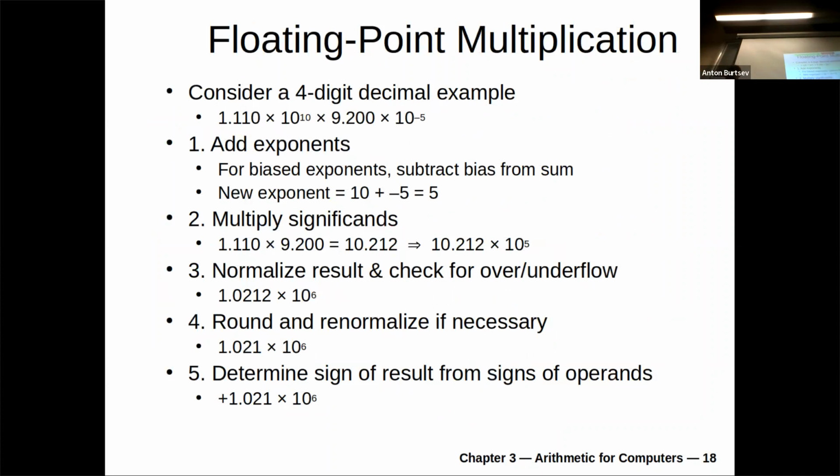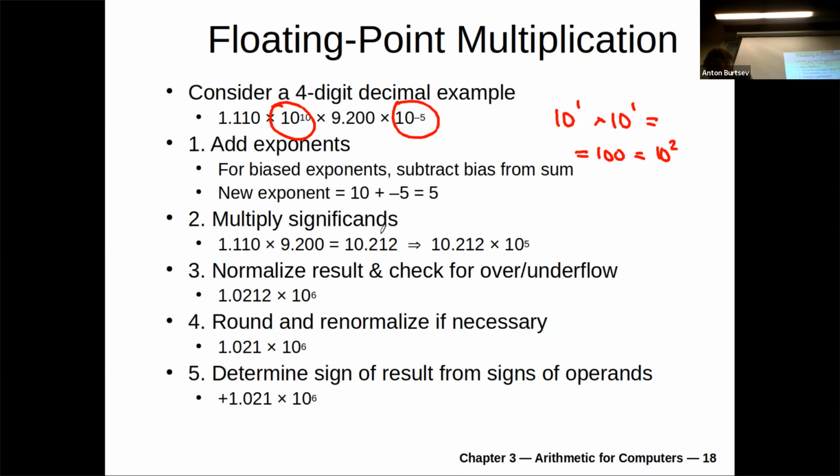Multiplication is relatively simple, and follows the same rules. But you don't have to normalize or align the exponents, because do you remember how it works? If you have 10 to the power 10, 10 to the power -5, exponents essentially follow the rules of addition. If you have 10 to the power 1 multiplied by 10 to the power 1, it's the same as 100, or 10 to the power 2.